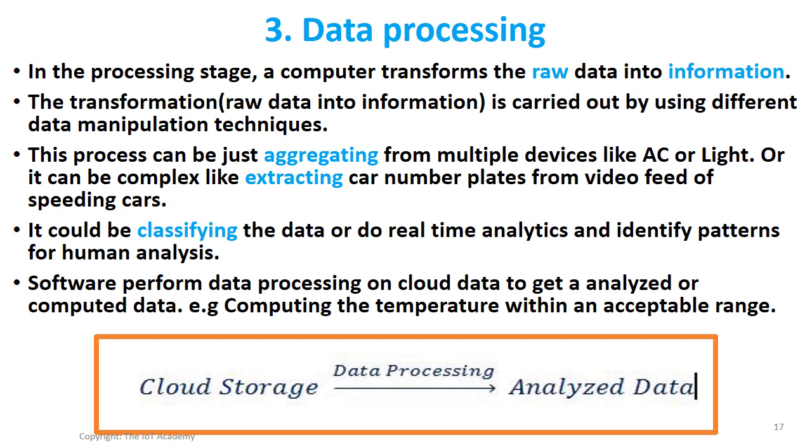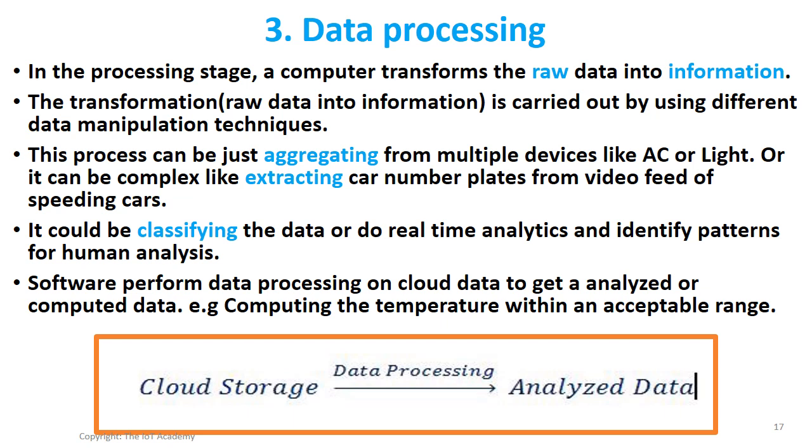In the processing stage, a computer transforms the raw data into information. The transformation is carried out by using different data manipulation techniques. This process can be just aggregating data from multiple devices like AC or light, or it can be complex, like extracting car number plates from the video feed of a speeding car.